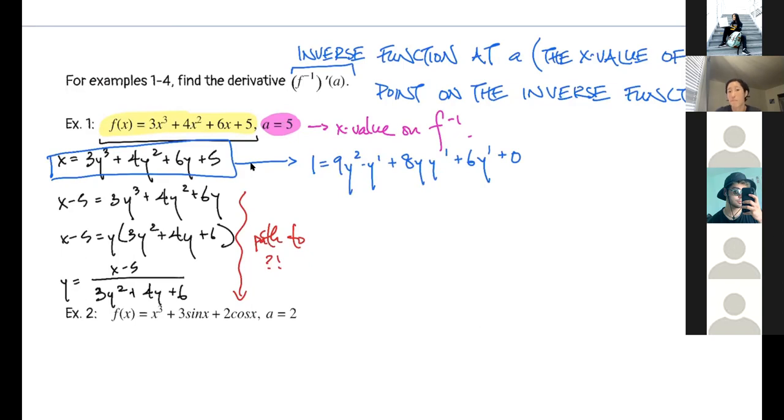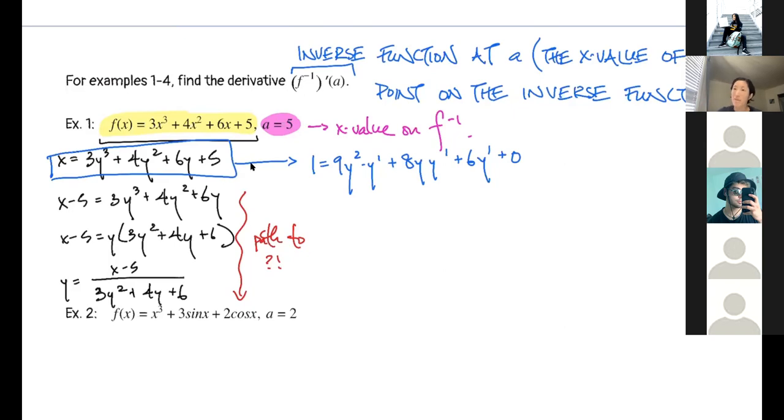I have a situation where the x's and y's are mixed together. It's hard to get the y by itself. So absolutely, we can just think about the y as that random function, right? We could call it g of x, whatever it is in this particular problem. We just don't know. So we can sidestep that by having the y prime.